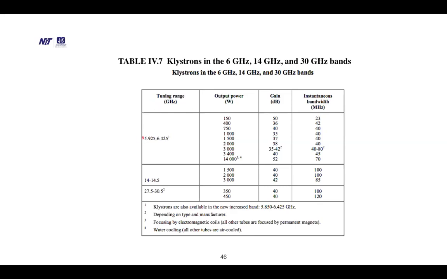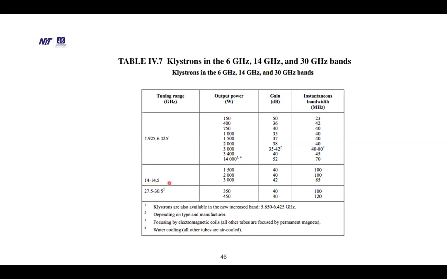So the tuning range is 5.9 to 6.425 GHz. Corresponding output power is 150, 400, 750, 1000, 1500 and so on. And this is the corresponding gain, 150 corresponding 50, and the corresponding instantaneous bandwidth is 23 megahertz, very large, and at 14 GHz the corresponding gain is 52 and the corresponding bandwidth is 70 megahertz, very high.